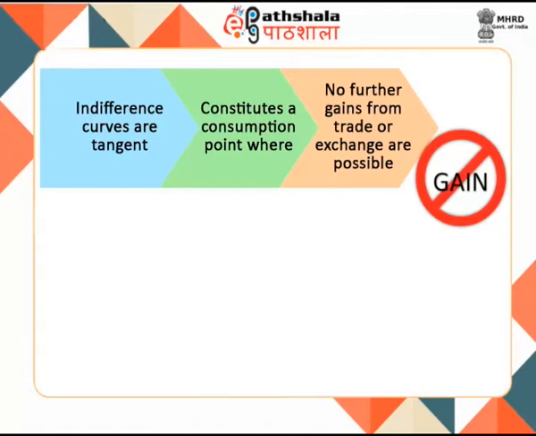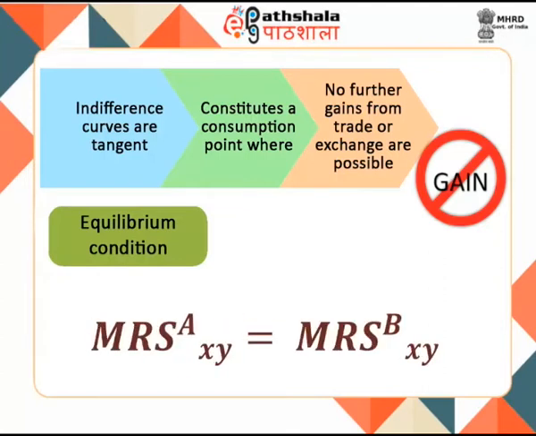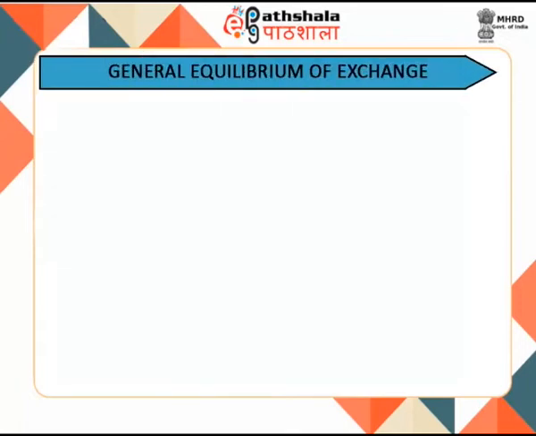Thus, the general equilibrium of exchange will occur when the following condition holds good: the marginal rate of substitution of good X for Y for individual A is equal to the marginal rate of substitution of good X for Y for individual B. Let's discuss the general equilibrium of exchange with the help of the contract curve.